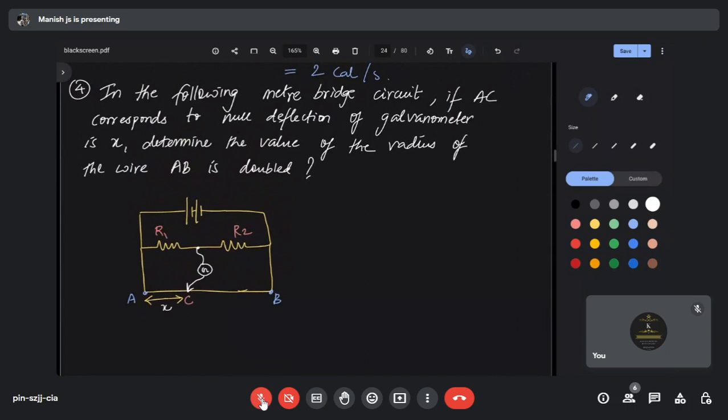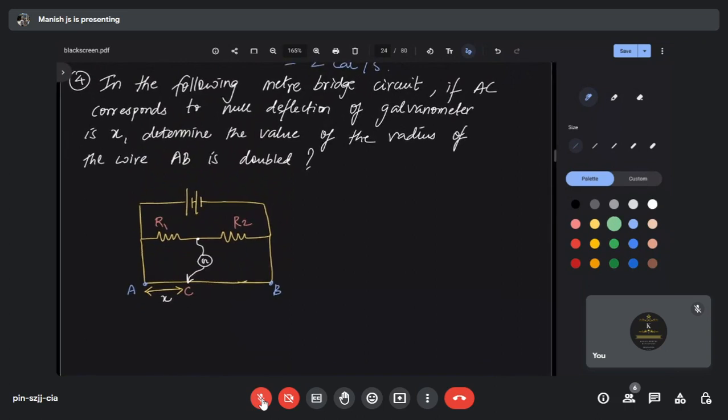I'll give you the options meanwhile. Option A is X. Option B is X upon 4. Option C is 4X. And option D is 2X.